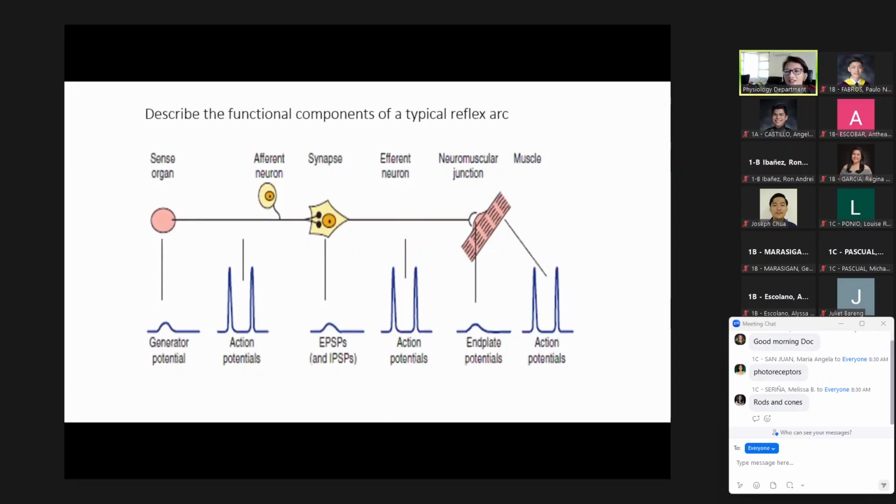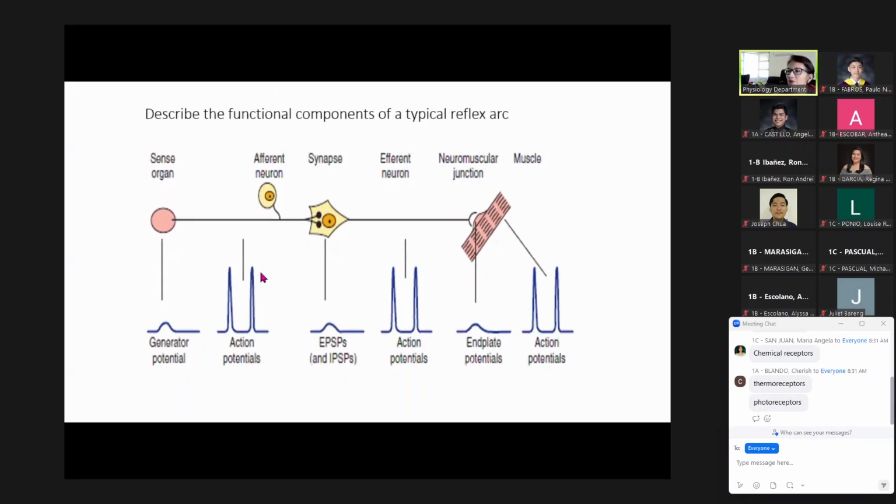Chemoreceptors, correct. So we have a lot of chemoreceptors in taste and smell, diba? Ano pa? We have nociceptors also, correct. Thermoreceptors. Ay, ang galing, may nakakasagot sa akin. Thank you. May nakakaintindi. Okay, so that's the first component of a reflex.